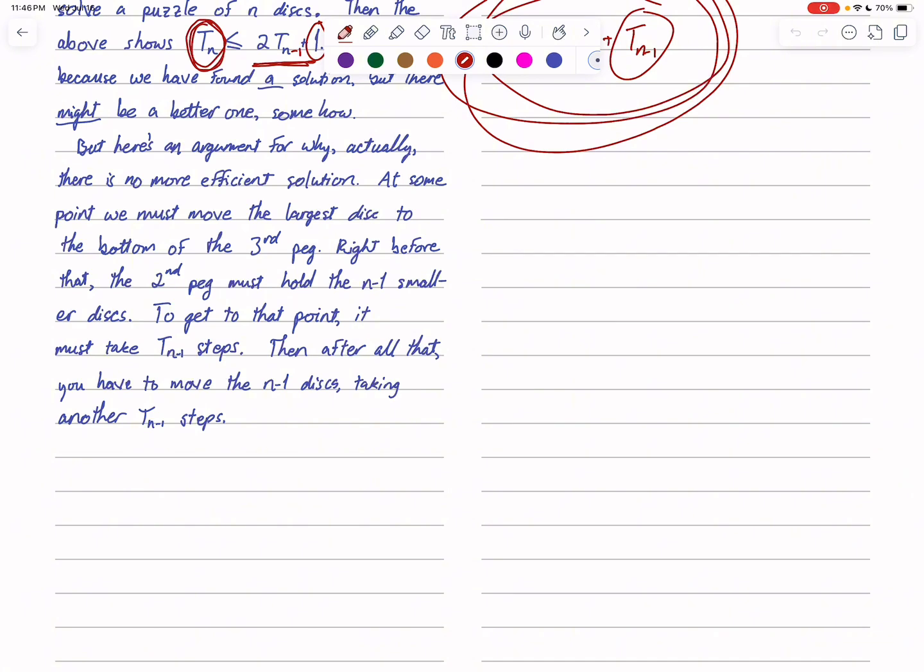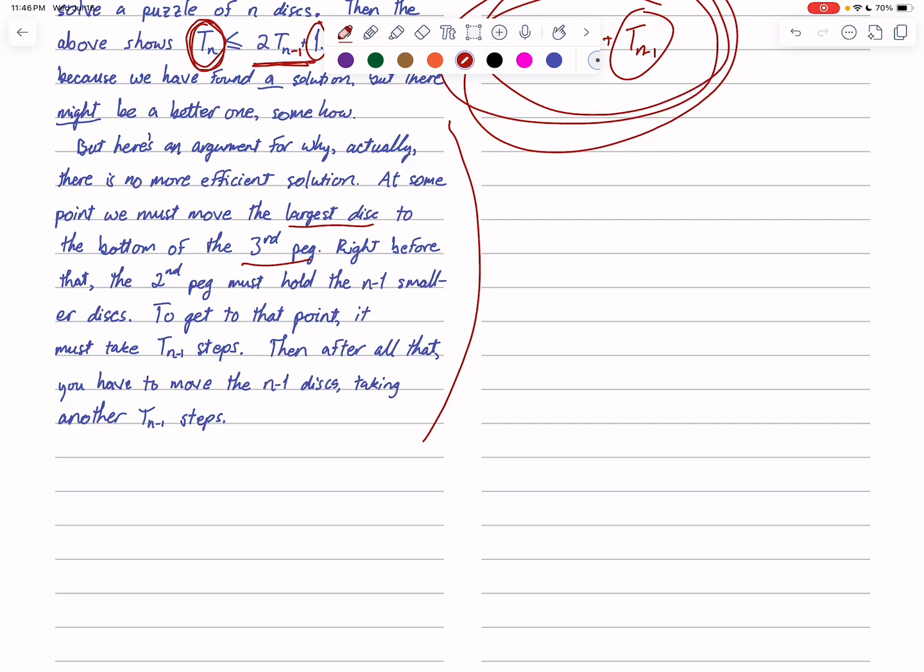So here is an argument for why there actually is no more efficient solution. In whatever solution of any kind, you always have to get that largest disk to the bottom of the 3rd peg. Think about what happens right before that move takes place.